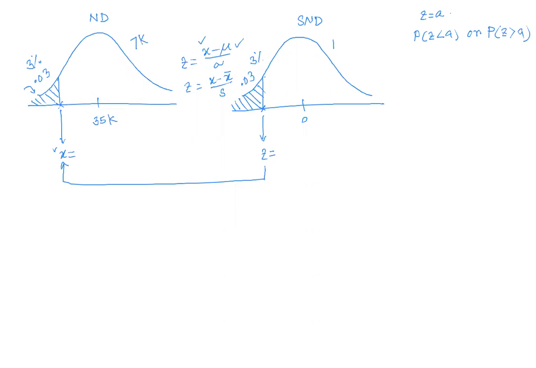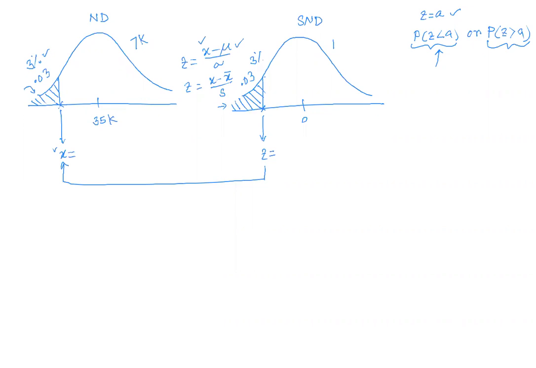We knew z. However, in this problem, it's just the opposite. We don't know the z, but we know the probability. In our particular example, the probability that someone will be at the bottom of the wage earners is given to be 3% or 0.03. So this area is 0.03.